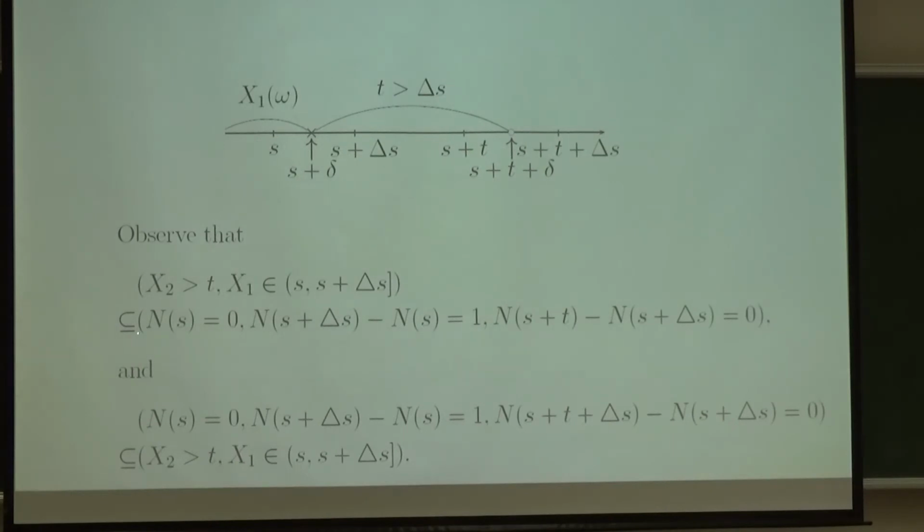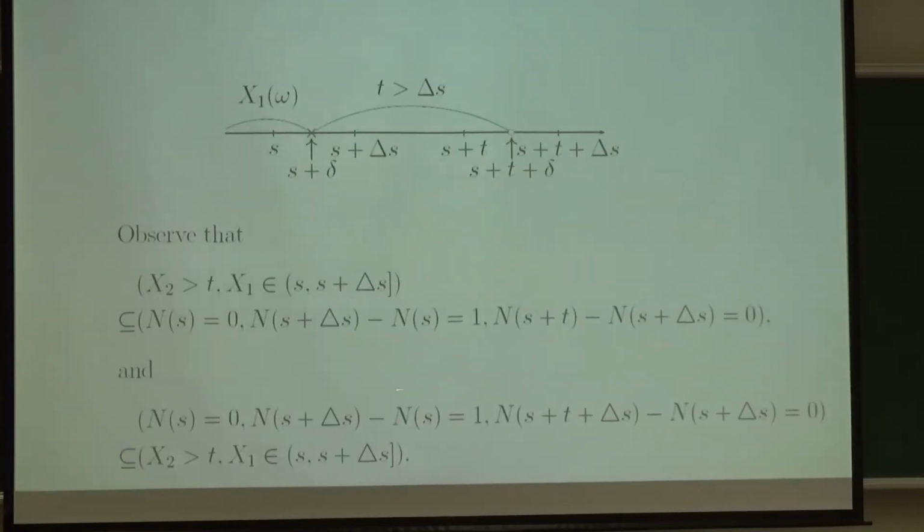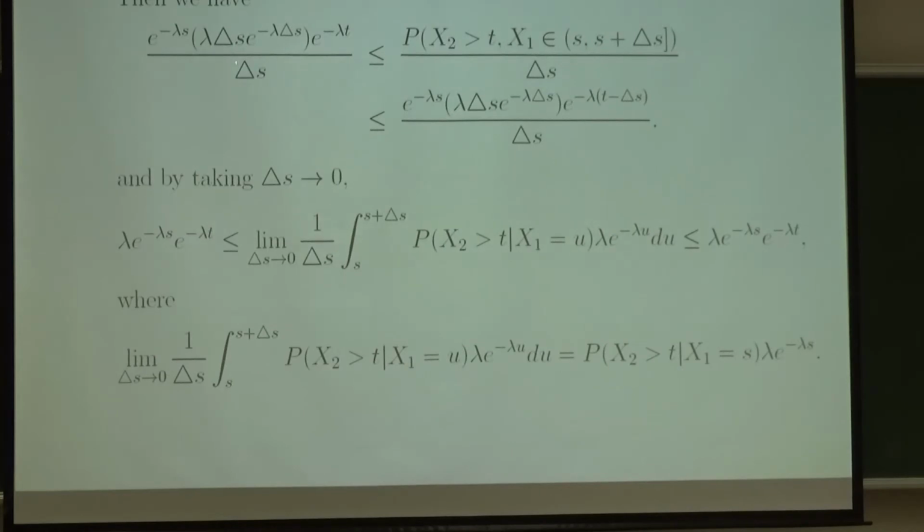For the upper bound, we use the independent increment, and because we know the increment has a Poisson distribution, now we have the upper bound and the lower bound.